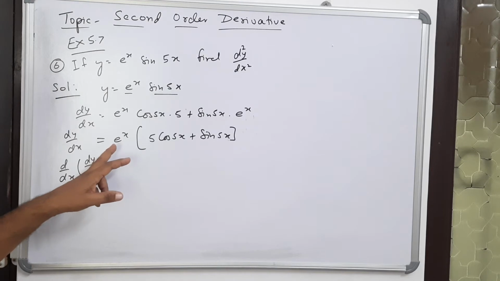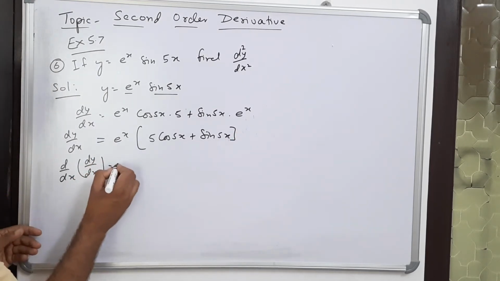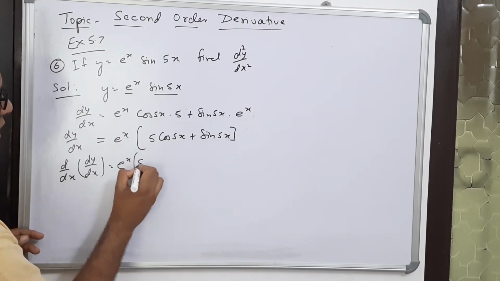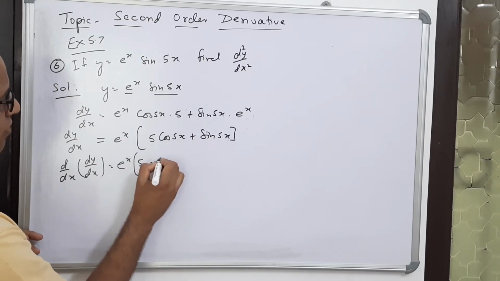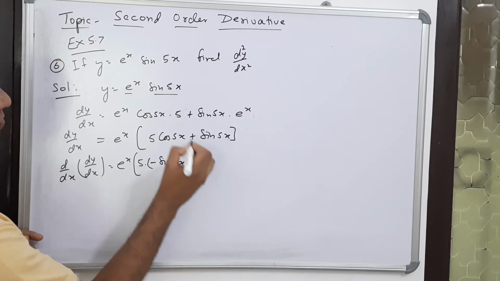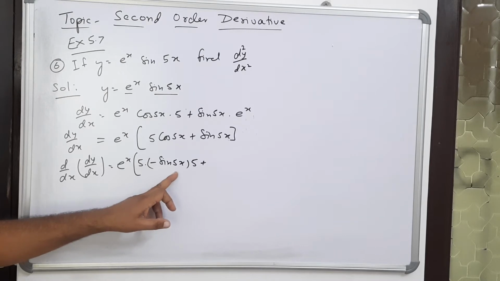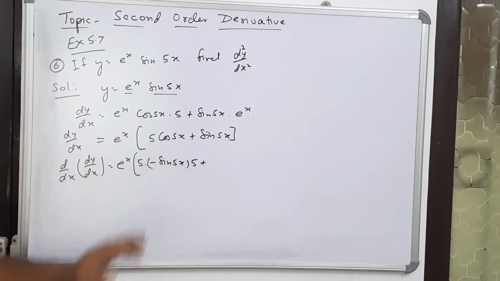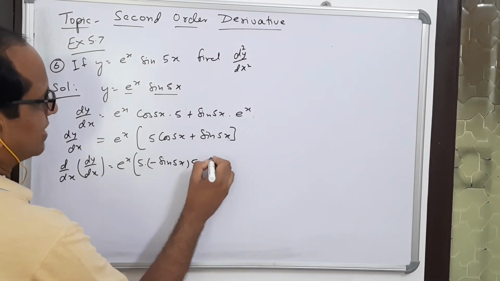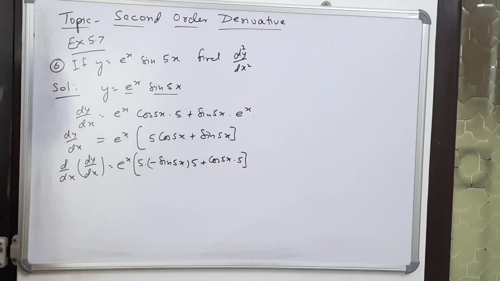So here again we will use the u into v rule. Dear students, you see this e power x will remain as a constant, and the derivative of this part: 5 as it is, cos 5x is minus sine 5x into 5, plus the derivative of sine 5x is cos 5x into 5.